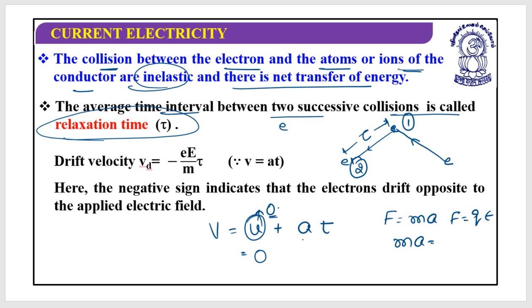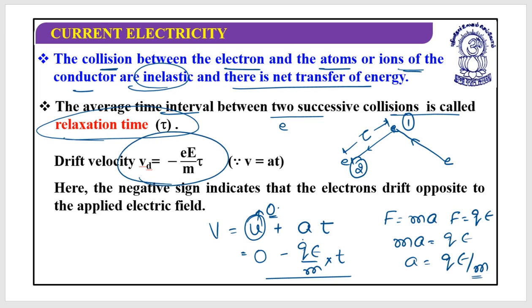So MA is equal to QE, so A is equal to QE by M. But its motion and the force acting are in opposite directions, so I have written QE by M into T, and this time is the relaxation time. So the drift velocity is equal to minus of eE divided by m into tau. The negative sign indicates that the electron drifts opposite to the applied electric field.